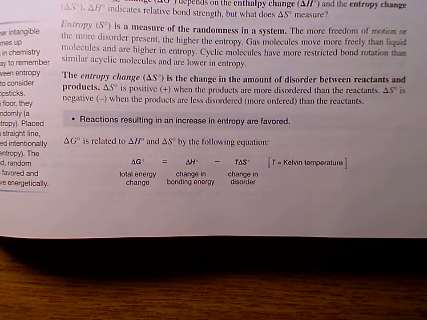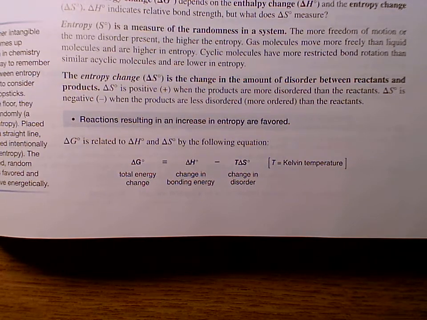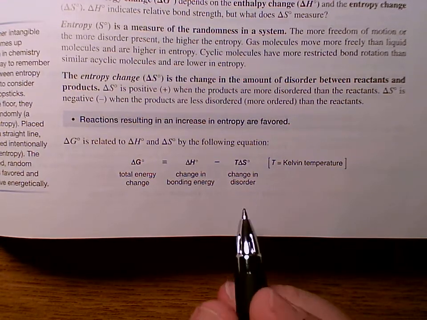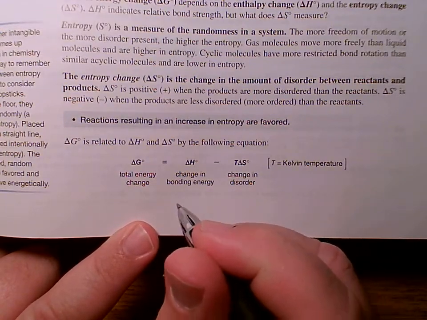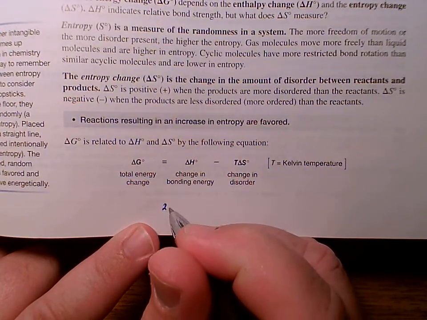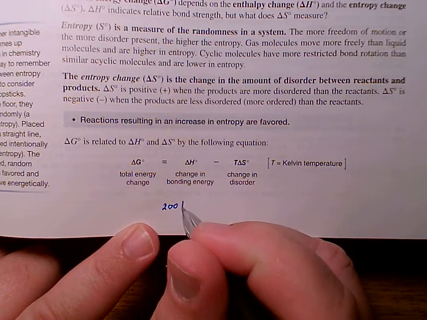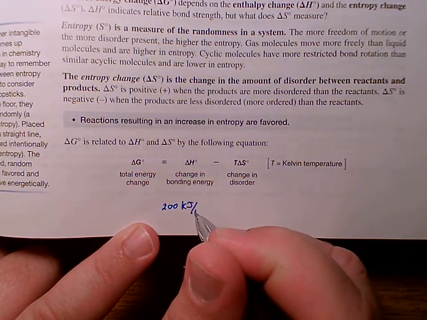And this brings us to a very important part of chemistry. If you recall from General Chemistry 2, when you looked up tables of delta H values, you noted that your delta H's were around 200, say 200 to 400, let's just go 200 kilojoules per mole.